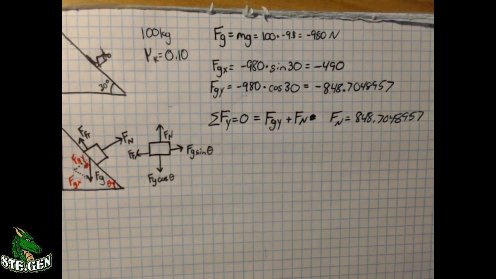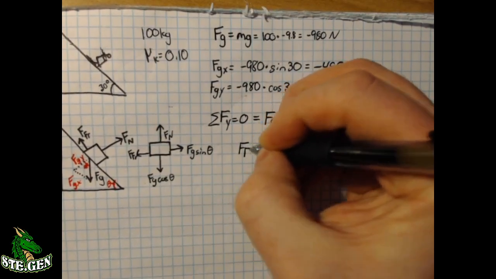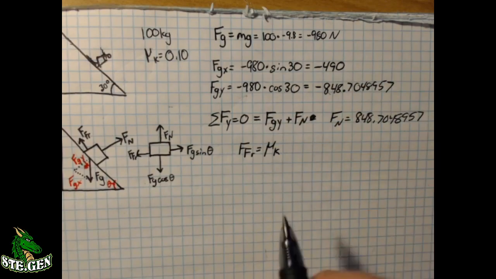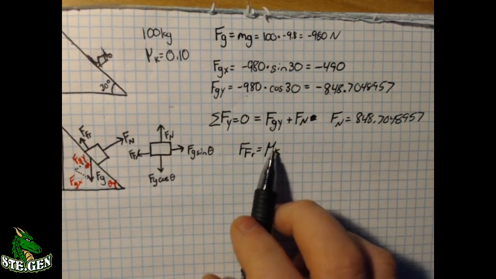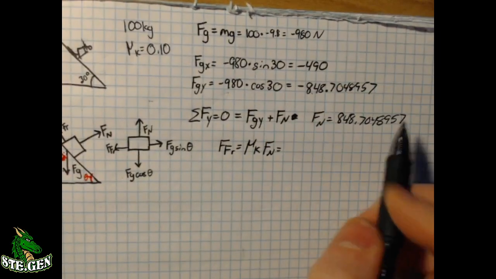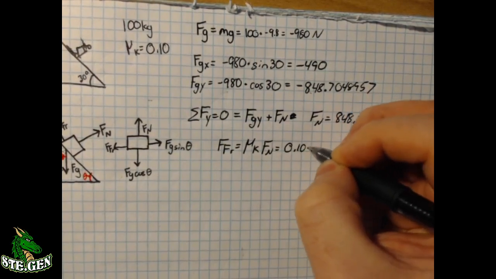And then finally, because we know the force of friction is equal to mu, the coefficient of kinetic friction, times the normal force, we're going to take this number and multiply it by 0.10.